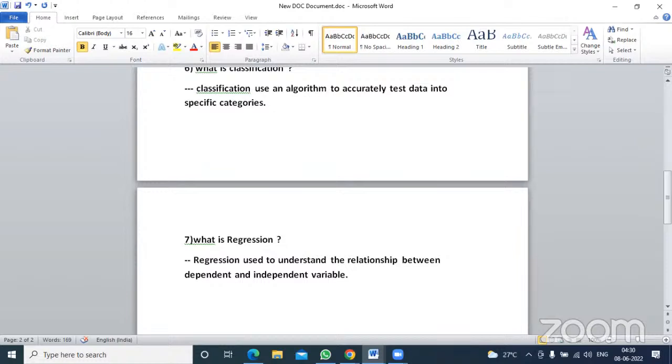So as I told, we'll take the next question. Algorithm in classification. What are the algorithms we use for classification?